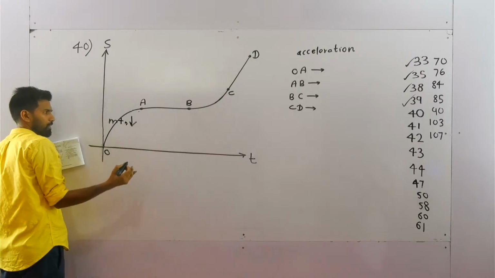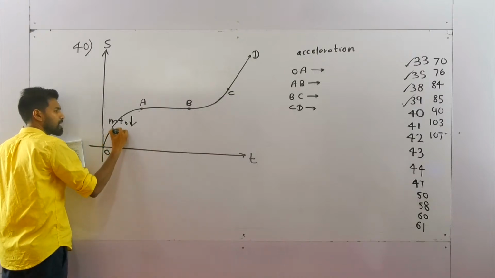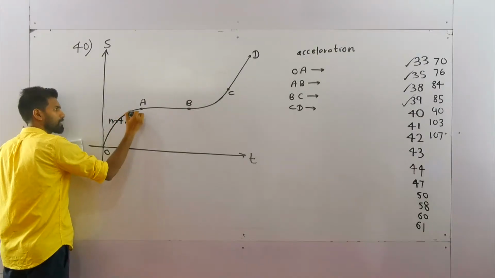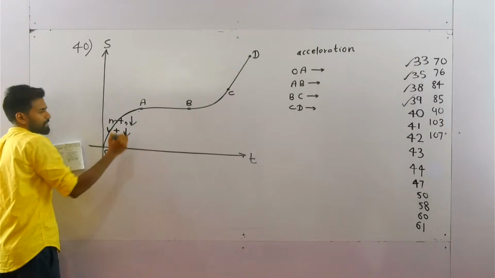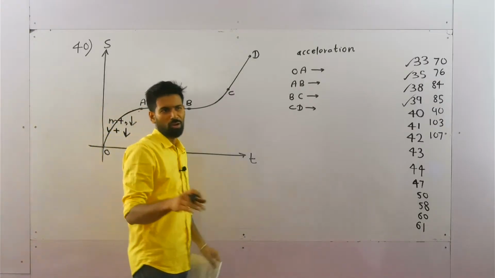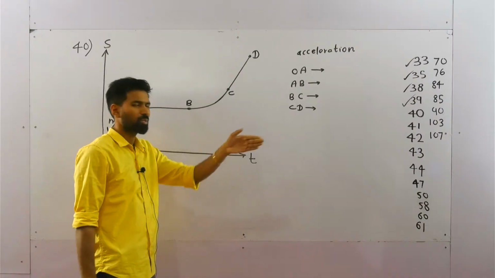Now you have the short note in your room. You can check that. This is the positive decreasing gradient. So the velocity is positive, and it's decreasing. Velocity positive means it's moving in the direction where the displacement is positive.